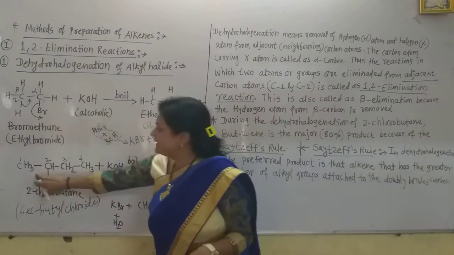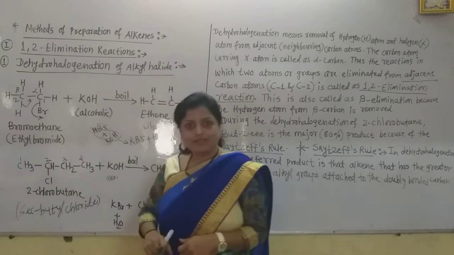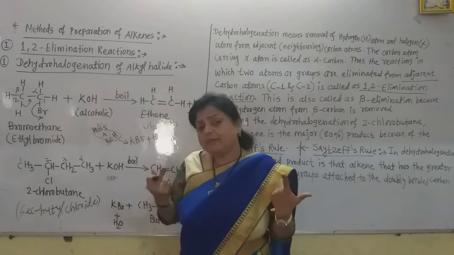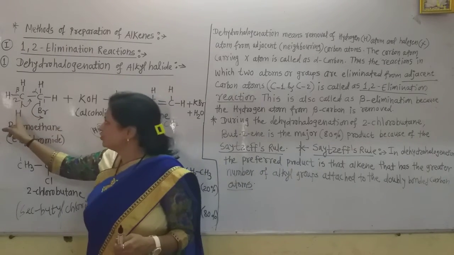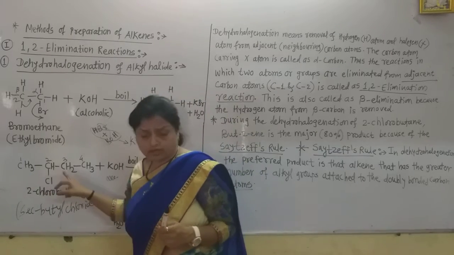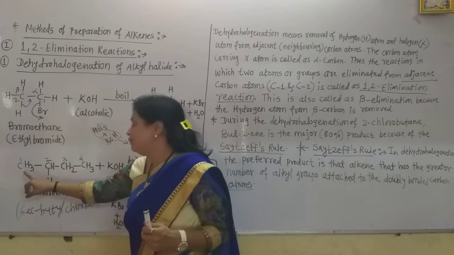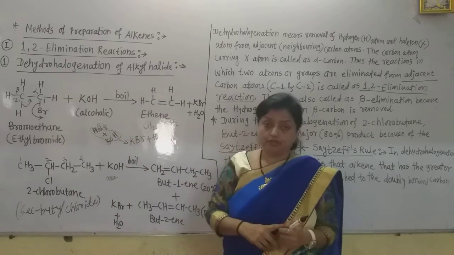Two different neighbors. See here, two neighbors are there to this carbon atom. Then from which neighbor is the hydrogen removed? Here is only one neighbor, so the hydrogen of that neighbor is removed. But here are two neighbors, so both neighbors remove their hydrogen.